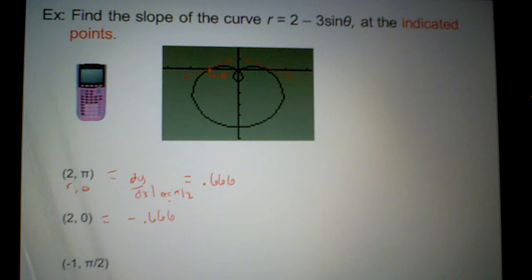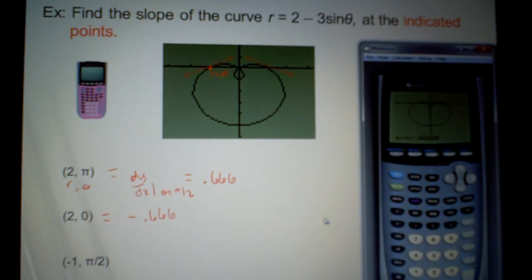Negative 1, pi over 2. Do the same thing. Second trace, I want dy dx at theta equal to pi divided by 2.